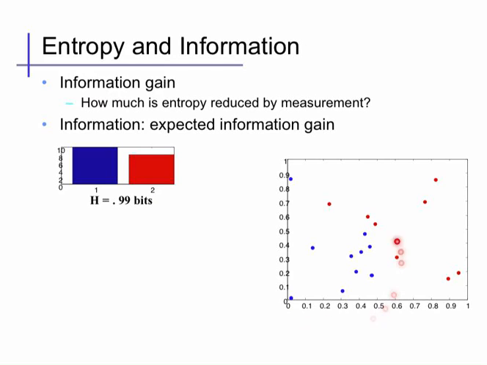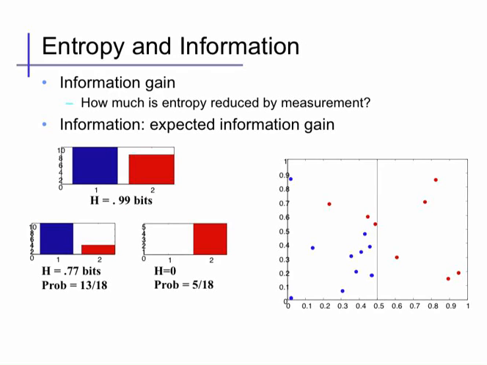So here I have 10 blue points and 8 red points. And so if I treat that as a distribution, I have 10/18ths probability of outcome blue and 8/18ths probability of outcome red. And if you compute the entropy of that, you find that it's nearly 1 bit. So the entropy is almost 1 bit.